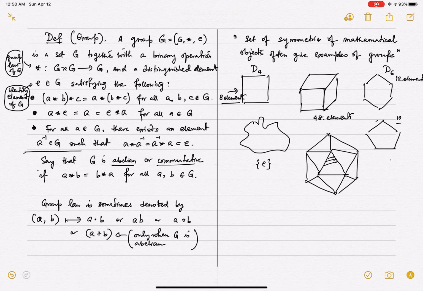Each face is an equilateral triangle. If you just take the rotational symmetries of this, you get 60 rotational symmetries. Etc., etc. You could take higher dimensional shapes and their symmetries, but these are all finite sets of symmetries.